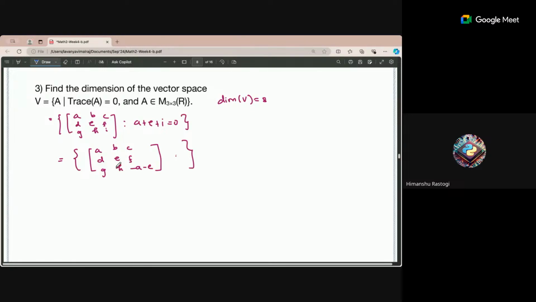Yes, like the first row is the first three variables, the second row is the next three variables, and so on. Suppose you have a 2 by 2 case A, B, C, D, and then another matrix A1, B1, C1, D1.